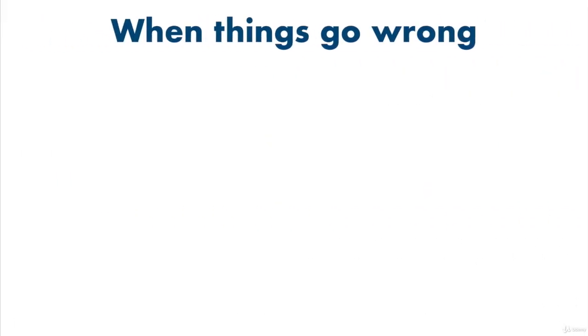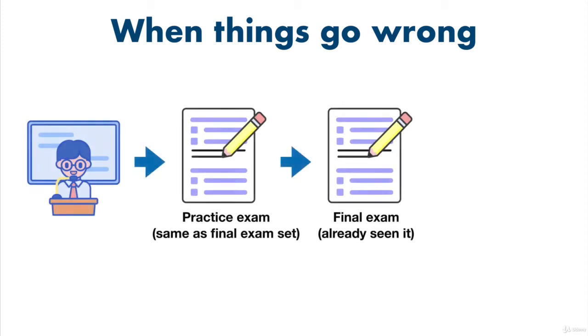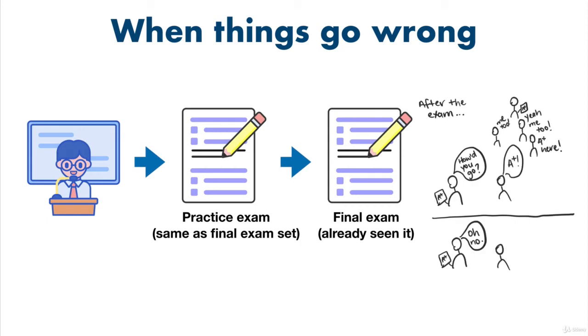Now, where might this go wrong? Well, if your professor accidentally sent out the final exam for everyone to practice on, when it came time to the actual exam, everyone would have already seen it. Since people know what they should be expecting, they go through the exam and answer all the questions with ease, and everyone ends up getting top marks.